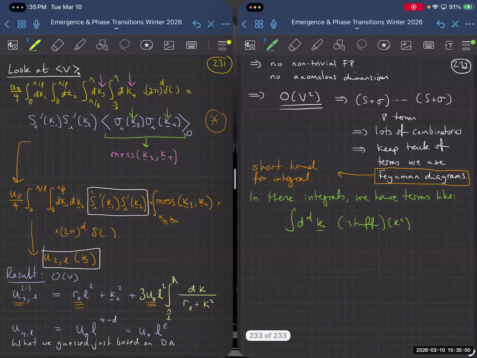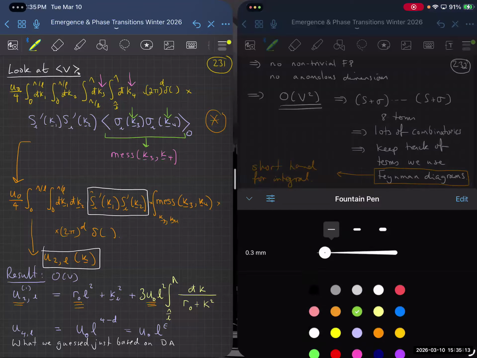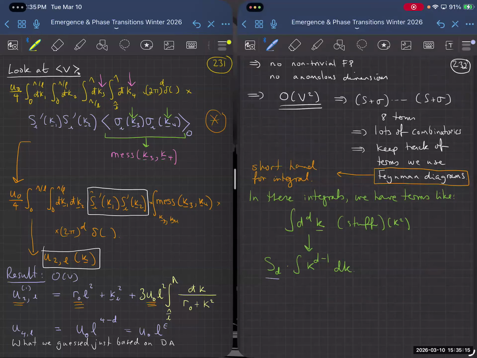So what we're going to do is replace this integral by the integral of k to the d minus 1 dk times S_d, where S_d is the surface area of a unit d-dimensional sphere.